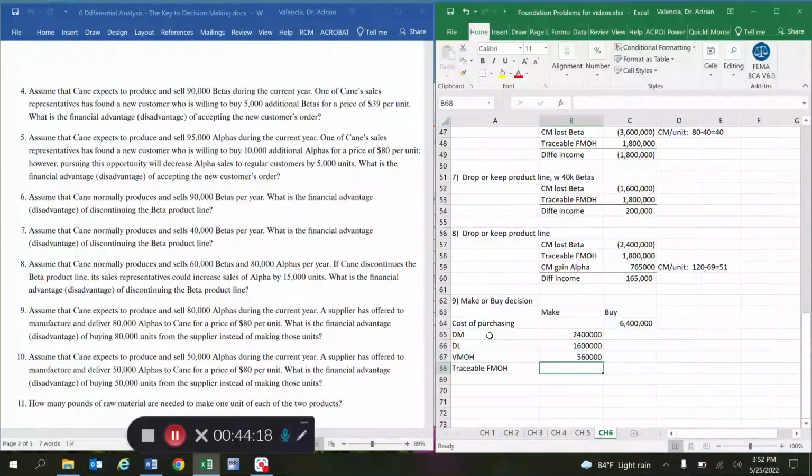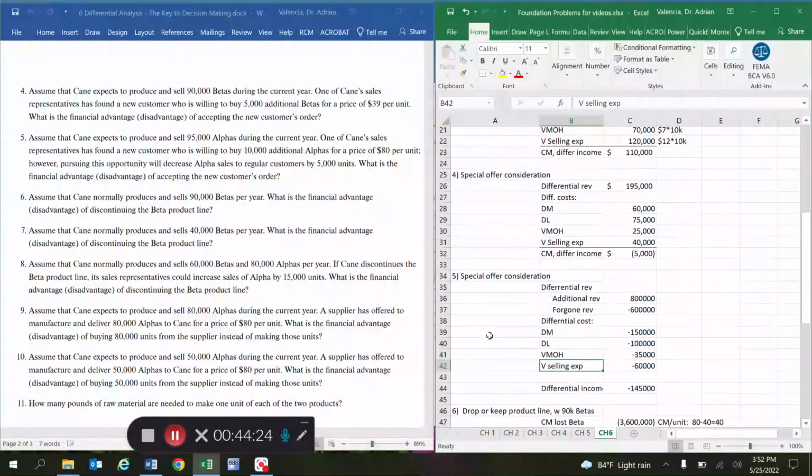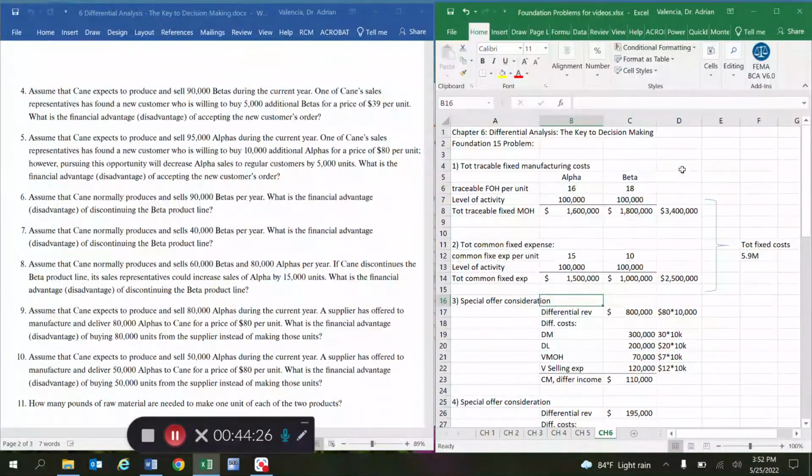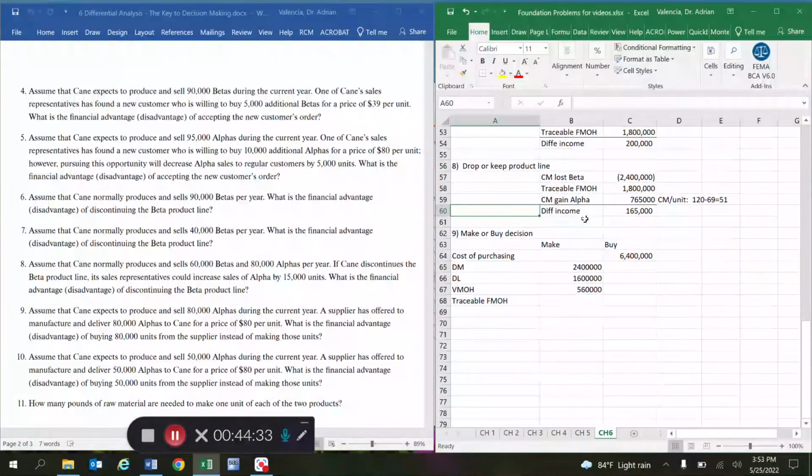And then finally, the traceable fixed manufacturing overhead cost for alphas, if you remember, that's 1.6 million. So the whole amount is what you've got to consider because that's a fixed cost. So that'll be 1,600,000.